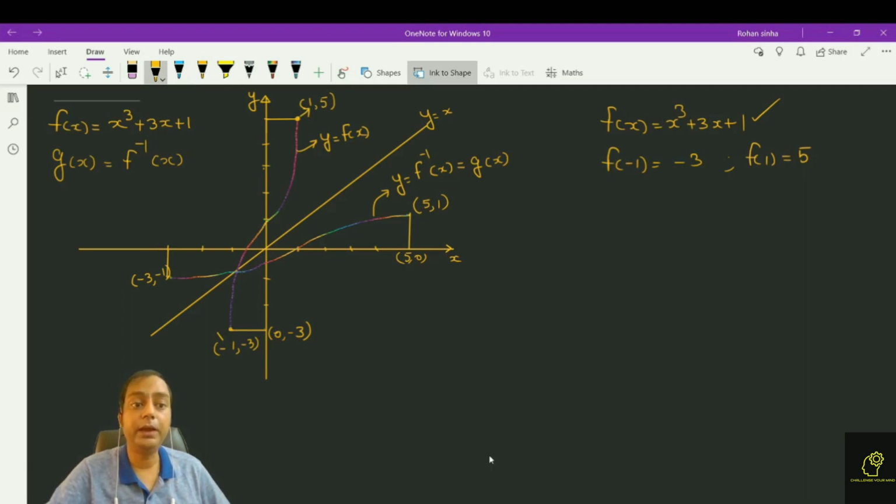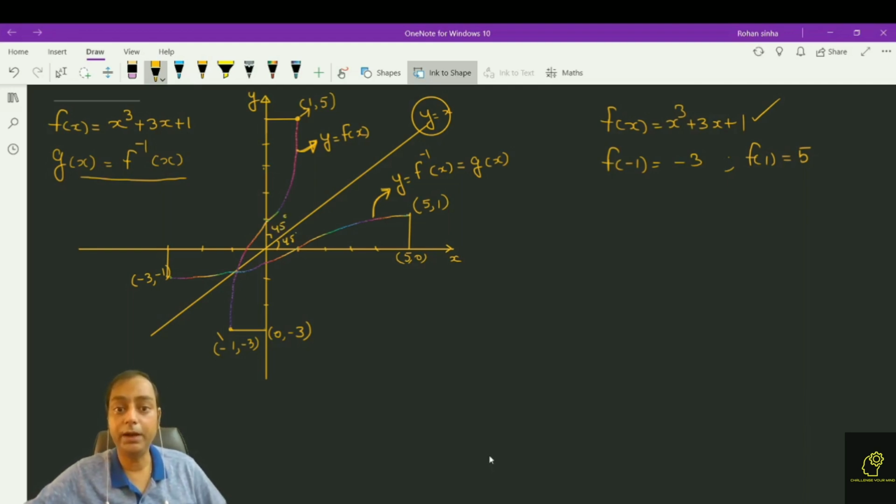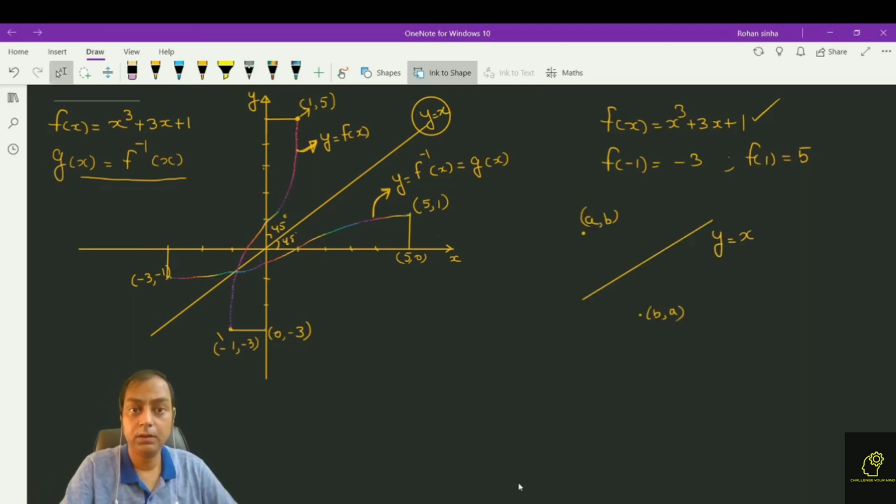Now g(x) is the inverse of function f(x). What does it mean? This means the graph of y = f(x) and this graph of y = f inverse x are symmetrical about the line y = x. So this angle is how much? 45 degrees, and this also 45 degrees.